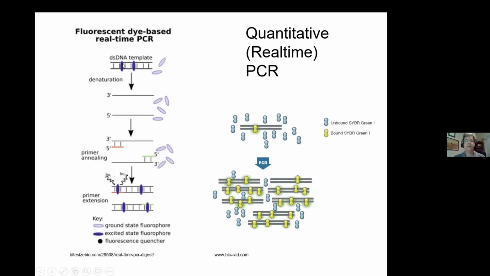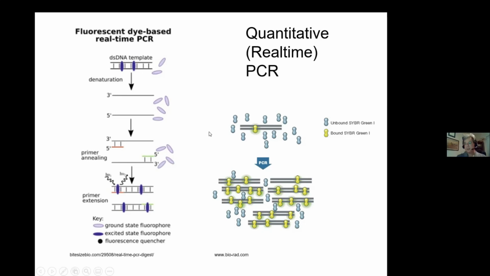So when you have this molecule that's sort of sitting inside the DNA double helix, then it fluoresces, it gives you a light. When you go through the PCR reaction and the two strands separate, then the molecule comes out, it's floating around, and it doesn't light up anymore. And then after you make your copies, now you have double-stranded DNA, the molecule goes in there and lights up, right?